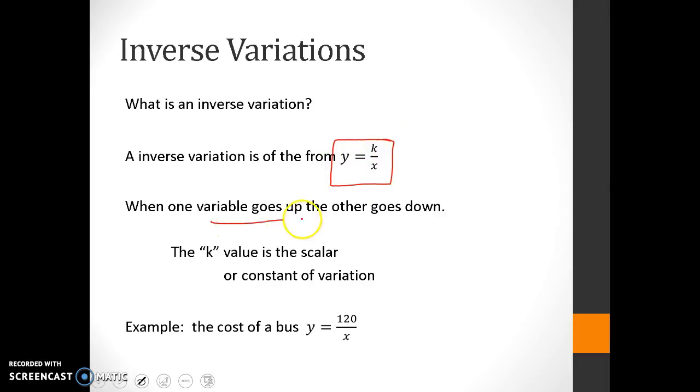Generally, as one variable goes up, the other variable goes down. The k is still called the scalar, or the constant of variation, just like in a direct variation. An example of this would be our bus ride, y equals 120 over x.